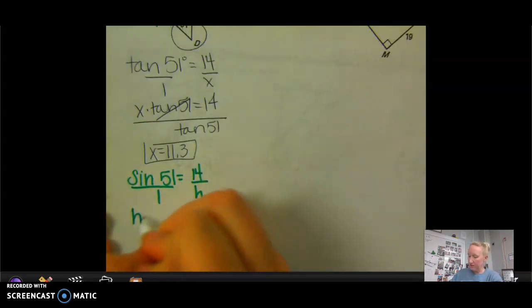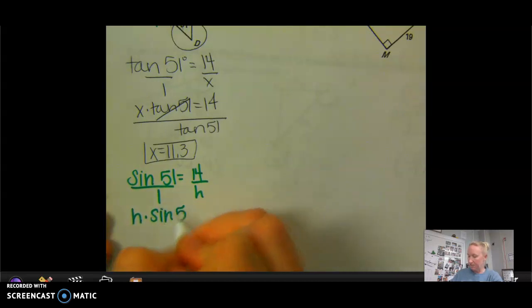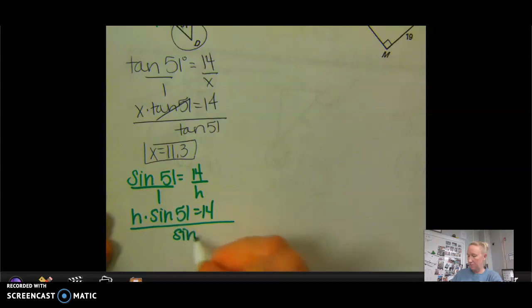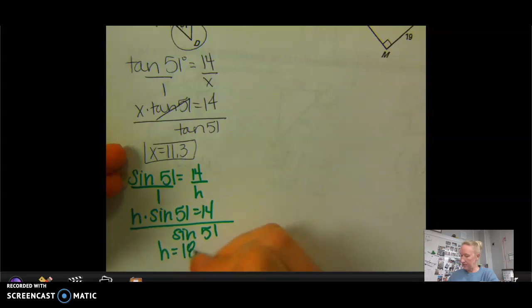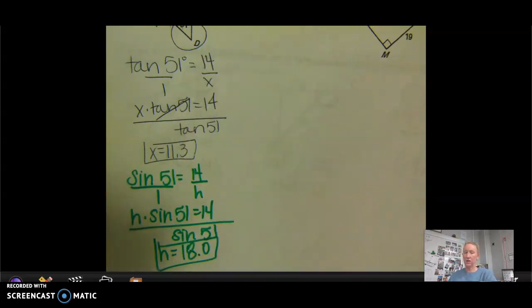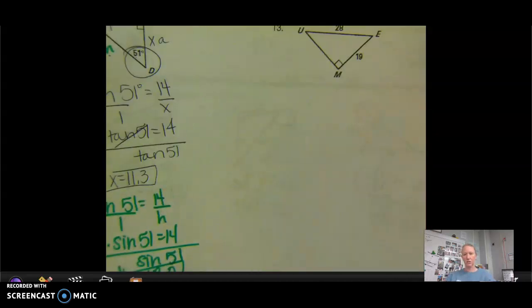Cross multiply, and I get H times the sine of 51 equals 14. Divide by the sine of 51. So I get H equals 14 divided by the sine of 51. I get H equals 18.0. So now I found all the missing information.